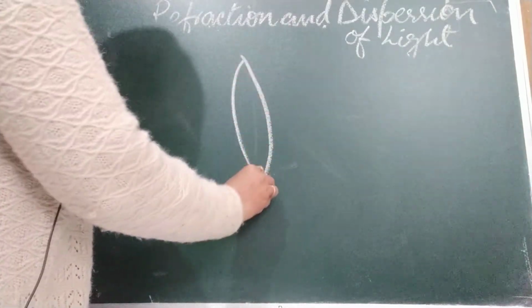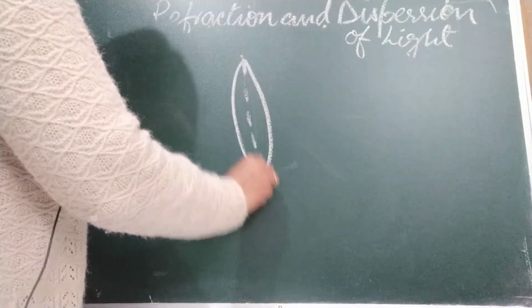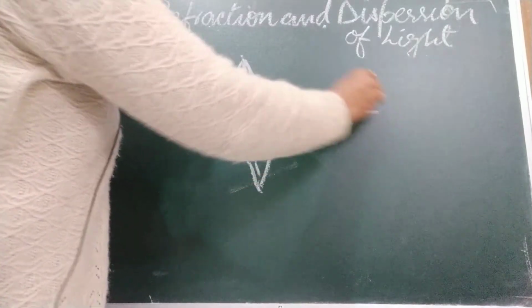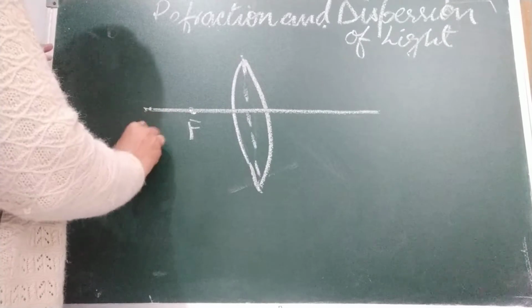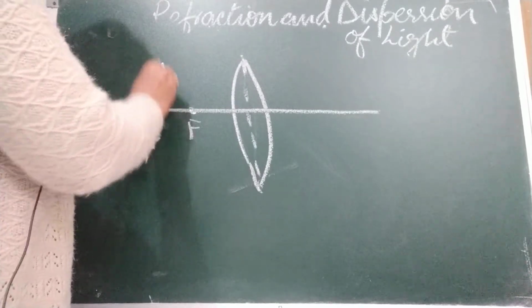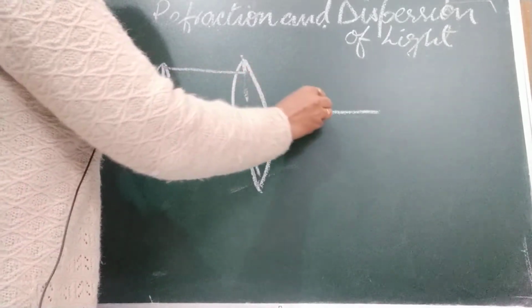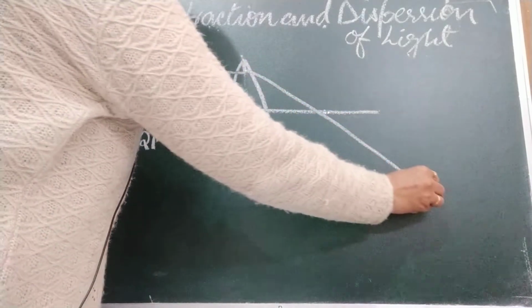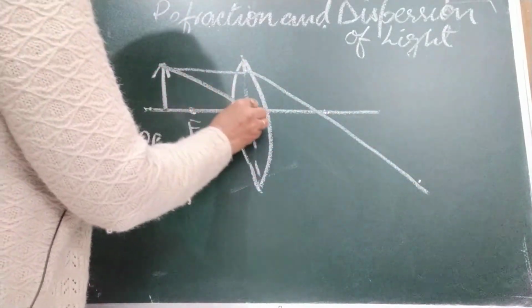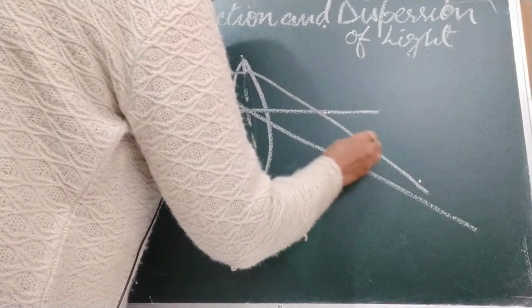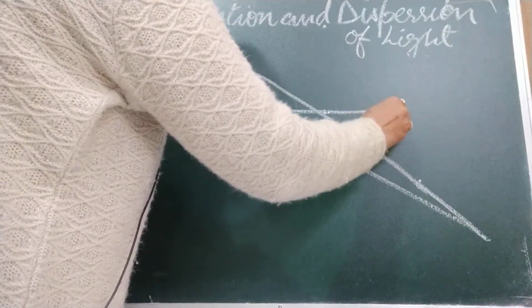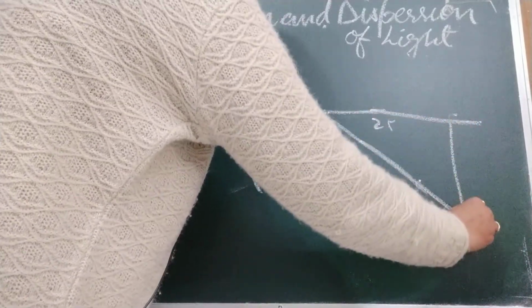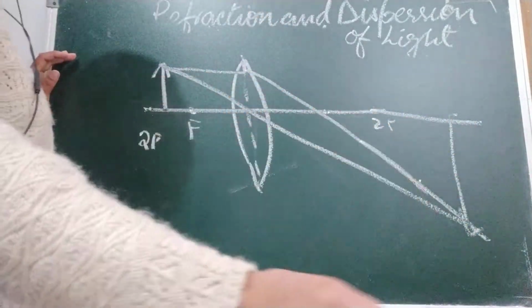I am going to draw this. This is F and 2F. First ray, focus. Second ray. We are going to meet these two. So where is it formed? Beyond 2F. Larger than the size.